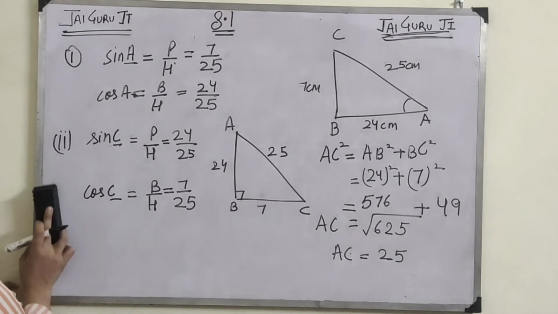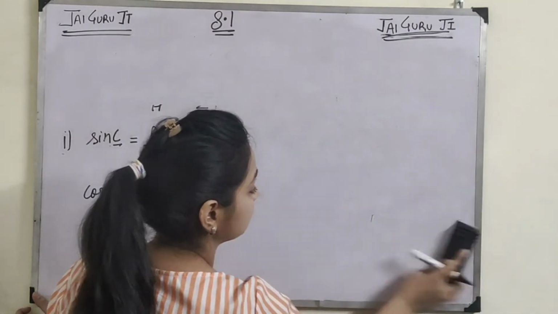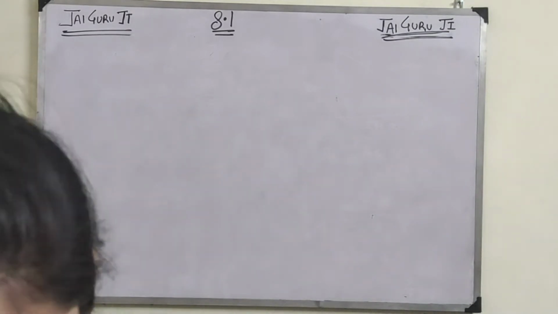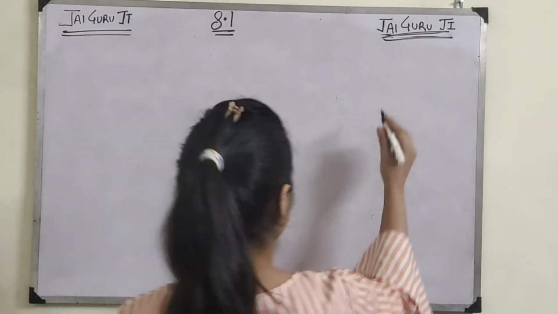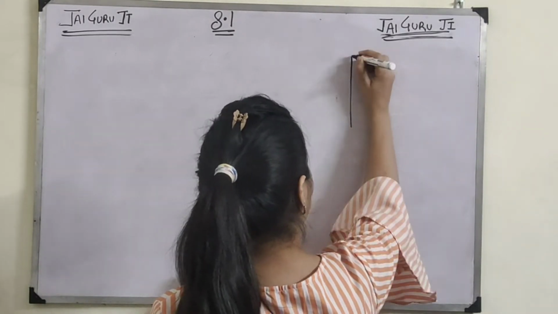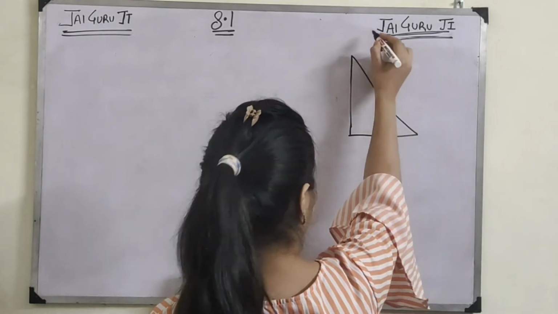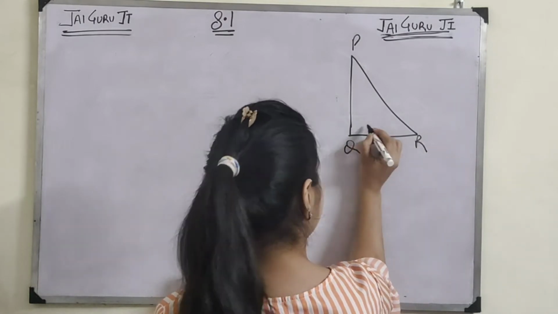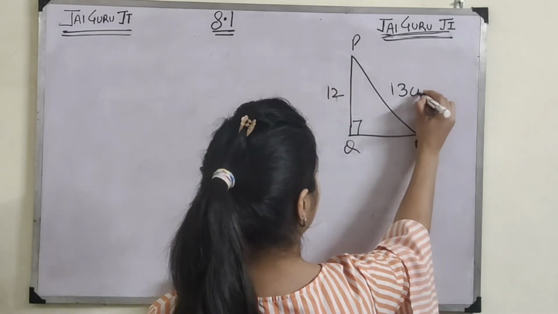Now, I am coming to the second question. What is the second question? Figure is given to you in the book. That's a triangle PQR. If this is a right angle triangle, this is 13, this is 12 centimeter given.